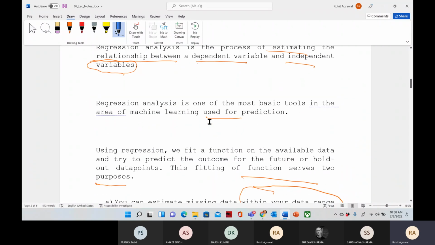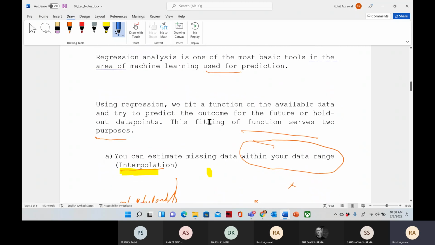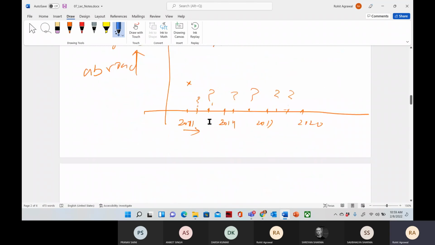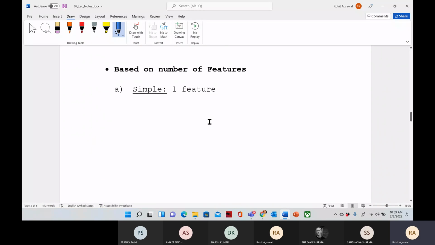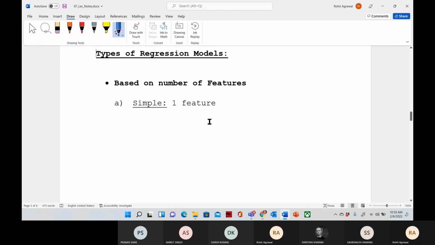We can predict internal points, and we can also predict the external points, that means within the data range and outside the data range. Sometimes in a book you will find them telling it for extrapolation or interpolation purpose. Clear. So just have a 1 minute break and ask your doubts. Do you have any questions till now?